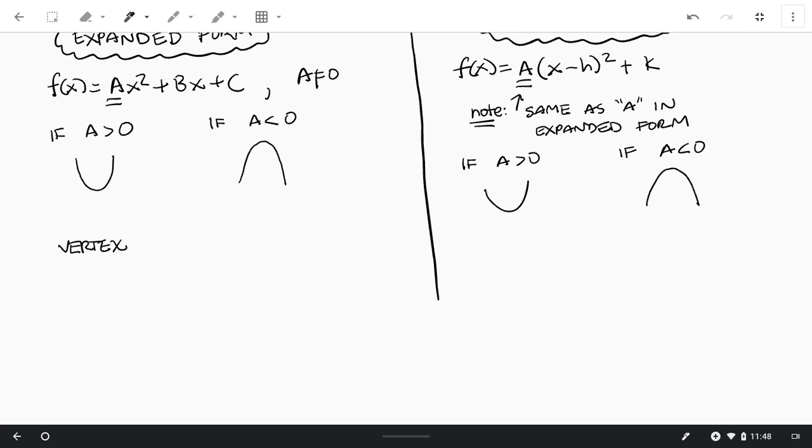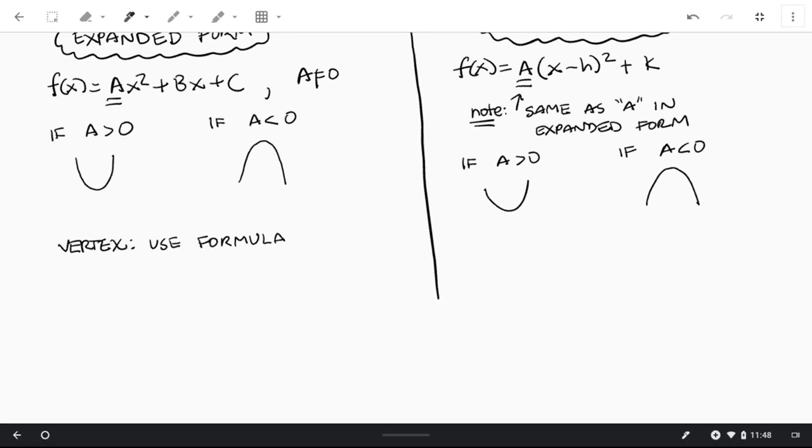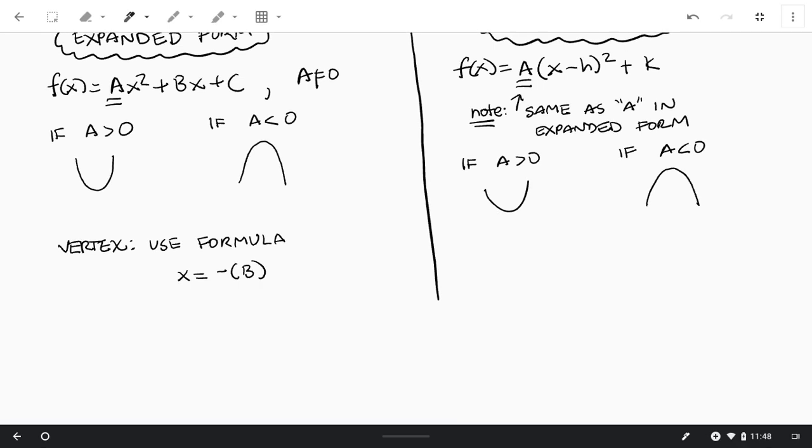If you are in expanded form, then you would find the vertex using this formula: x equals negative b over 2a.